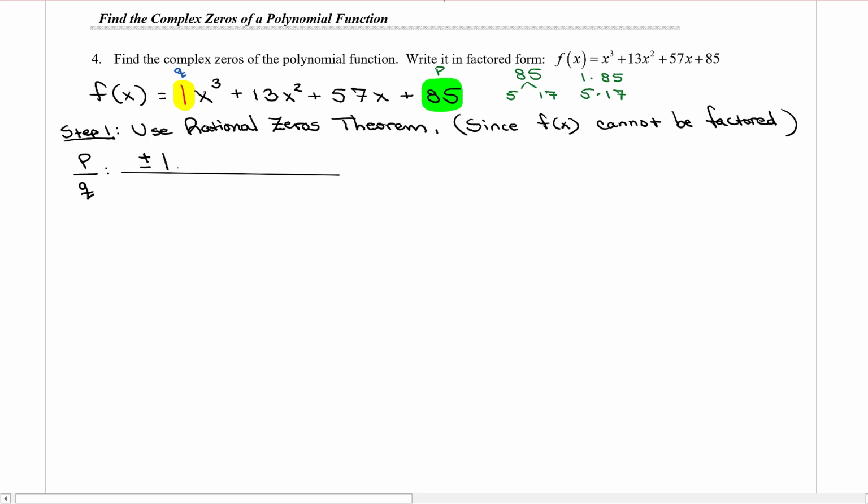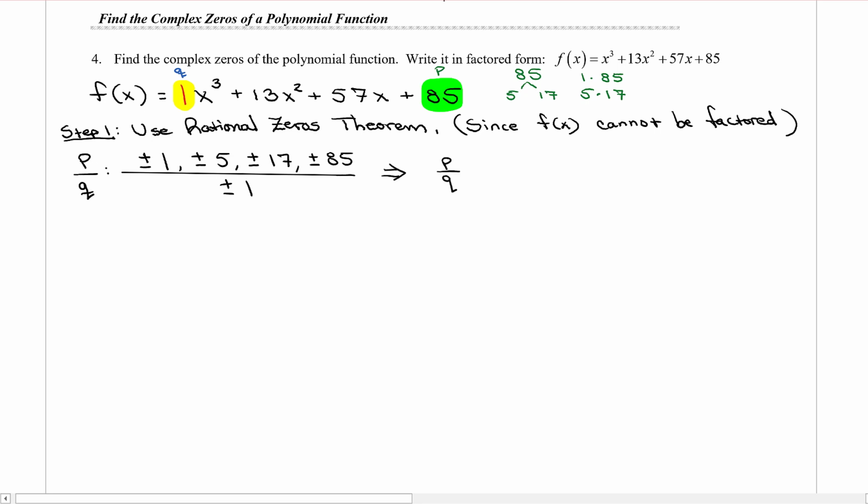So I'm going to write down all the factors here of 85. I got positive or negative 1, positive or negative 5, positive or negative 17, and positive or negative 85. And the possible factors of Q, of a sub n, are positive or negative 1.